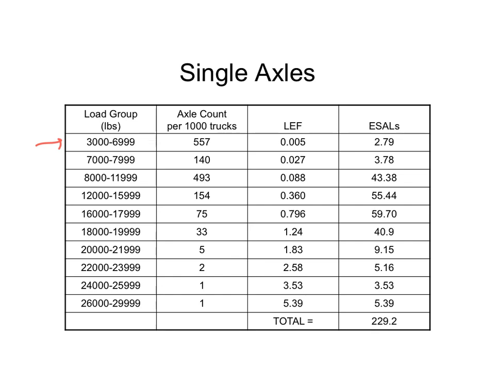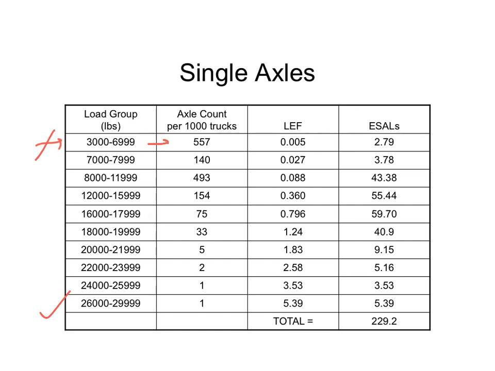This data of single axle loads passing on the pavement is collected for 1000 vehicles, so in 1000 vehicles we have a different load spectrum. A load between 3000 and 6999 pounds has an axle count of 557 for 1000 trucks.